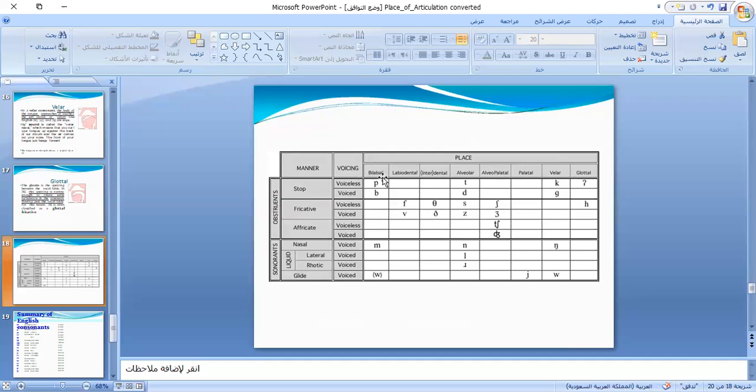You see, bilabial: P, B, M, W. Labiodental: F and V. Interdental: th and th. Alveolar: T, D, S, Z, N, L, and R. Alveopalatal: sh, and ch, j.